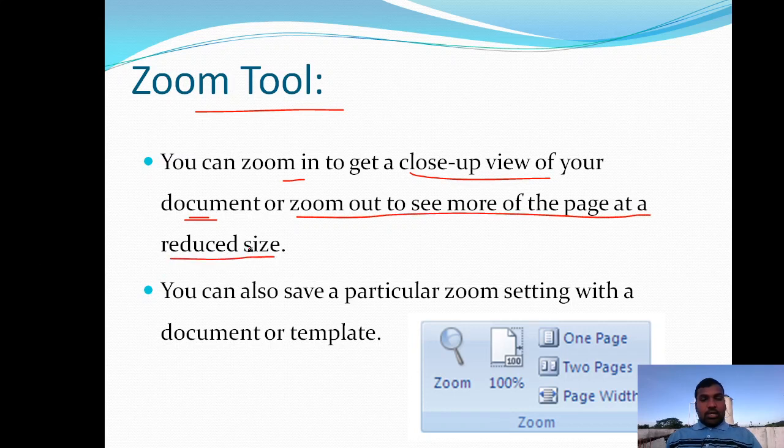If you perform zoom in, you will see the close up view of your document. If you perform the zoom out operation, then more pages or more information on the page are displayed on the screen at a reduced size.